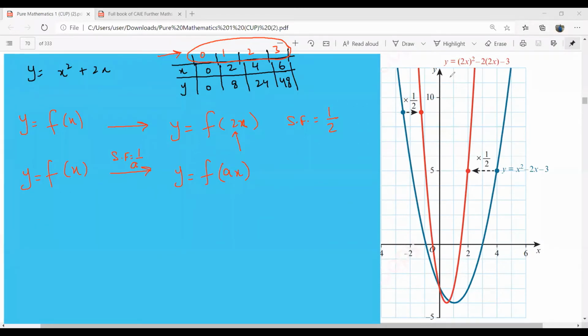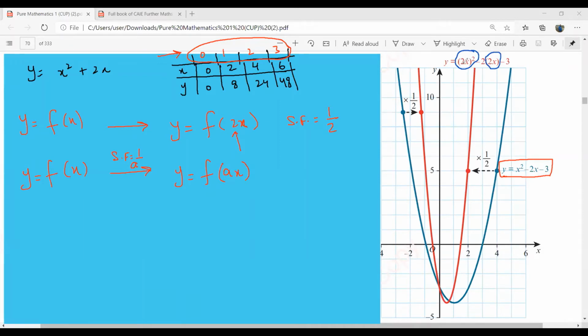The actual function with us is y is equal to x squared minus 2x minus 3. You can see what is happening with these. Look at this, the x being changed with the 2x. This really confuses us.